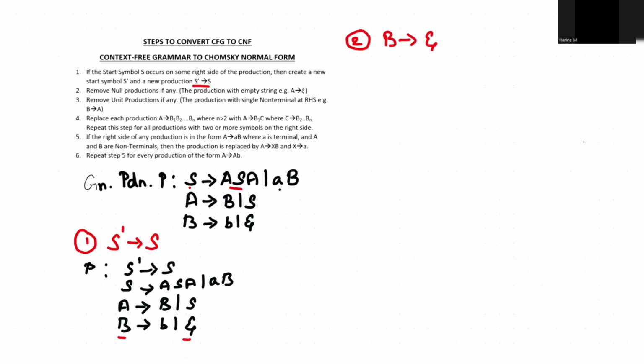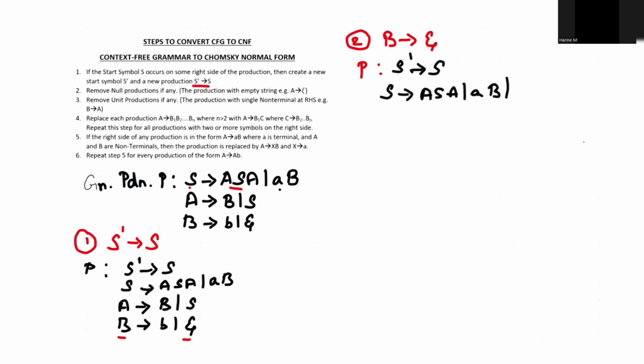Now, after applying that, the production will be S dash tends to S, where S tends to ASA or AB. Now apply B tends to epsilon here. Apply B tends to epsilon here.